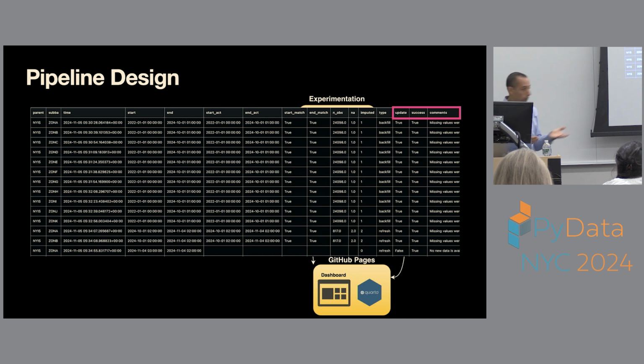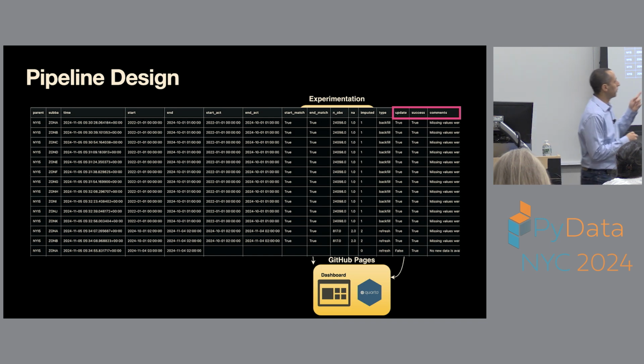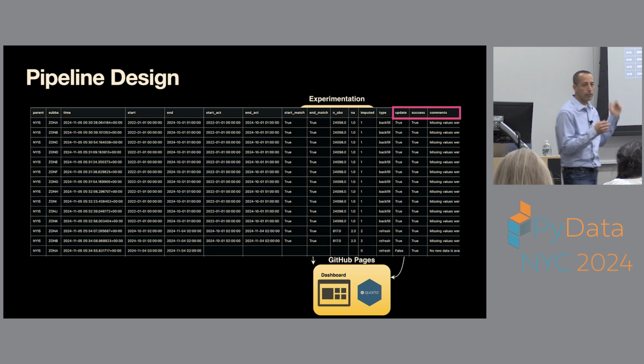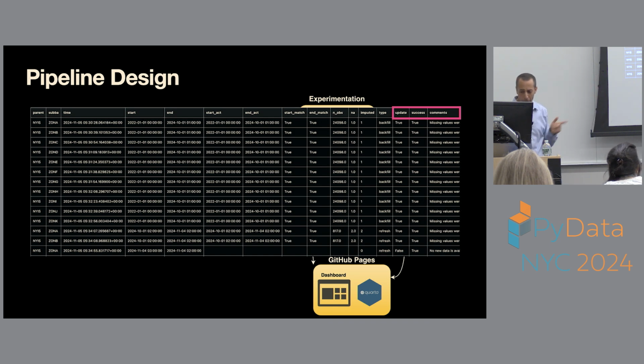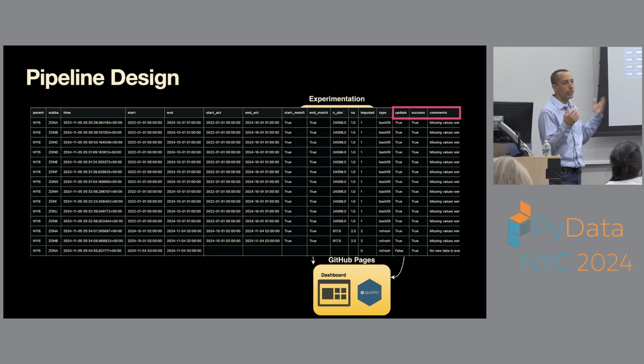And then I define: did I update the data? Did I save the data, as either true or false, and success based on some criteria. I also leave comments, so I track when my tests raise either warnings or errors, and I leave the message so that if something breaks, I can understand where the message came from and go debug.